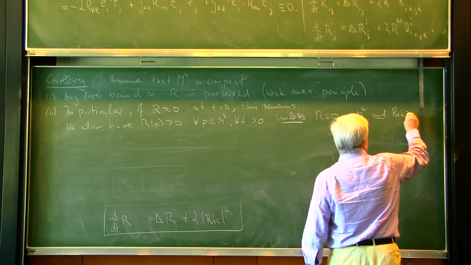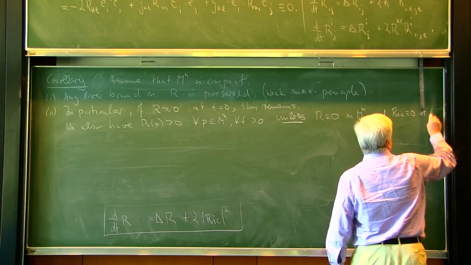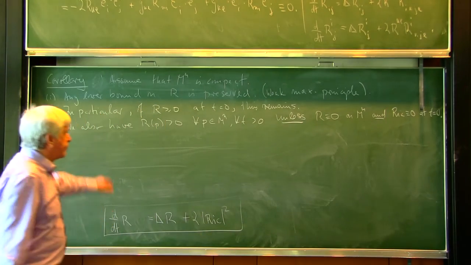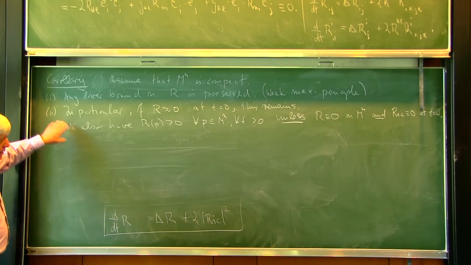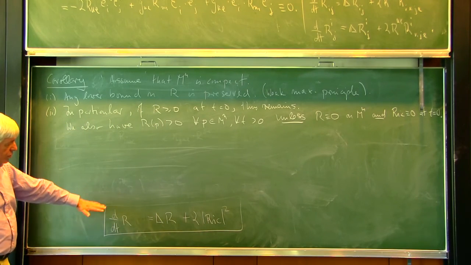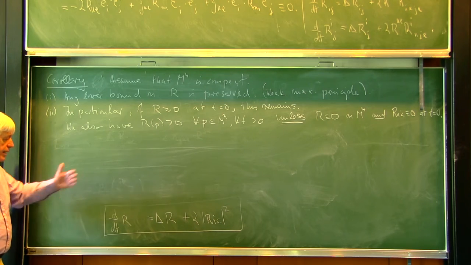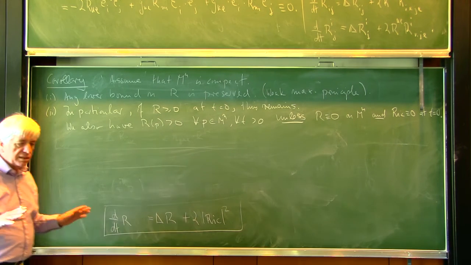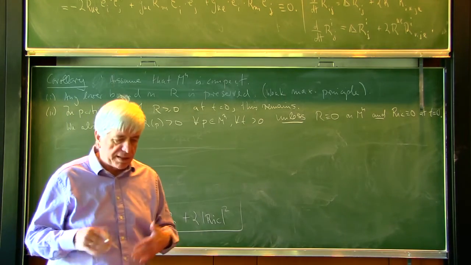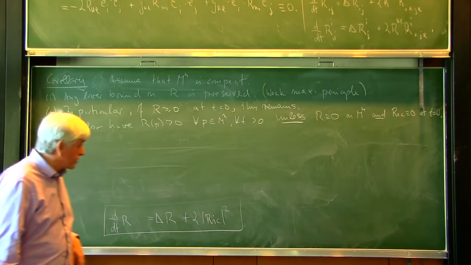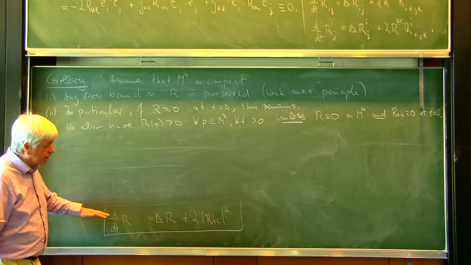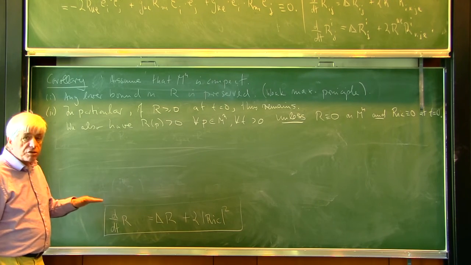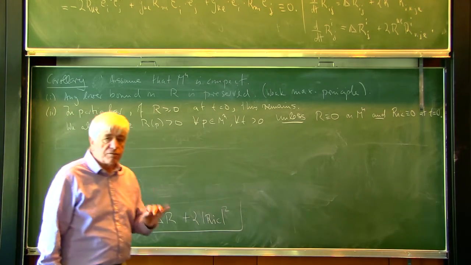So Ricci is identically 0 at t equals 0. So this is the first rigidity statement that we get from the Ricci flow. If you have a manifold with non-negative scalar curvature, either you can immediately deform the metric with Ricci flow into a metric of strictly positive scalar curvature, or the manifold had vanishing Ricci curvature already in the first instance.